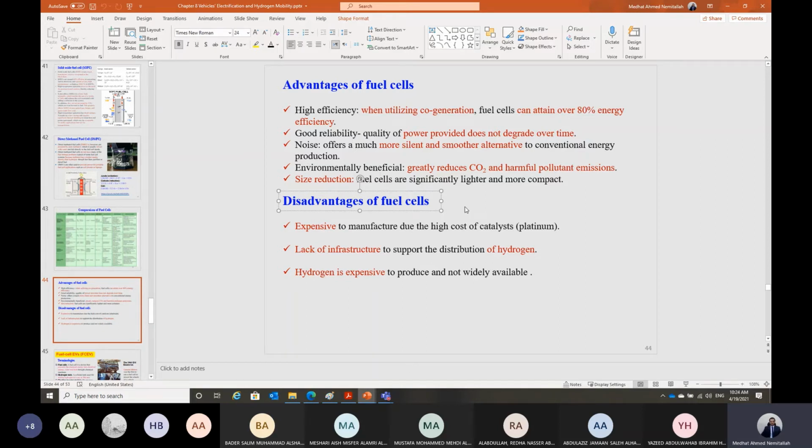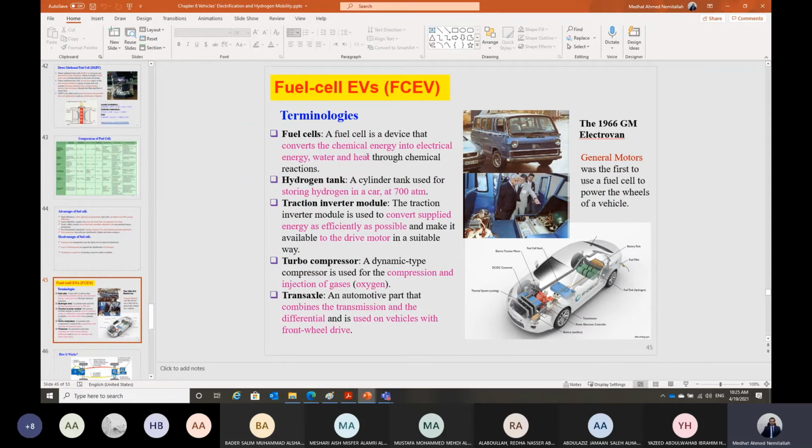Hydrogen can also originate from fossil fuel, but we just need to have hydrogen at the end. Its price is still expensive. We have a weak infrastructure, but the infrastructure is developing, and also the hydrogen price is still high, but the investment in this field will reduce the hydrogen price.